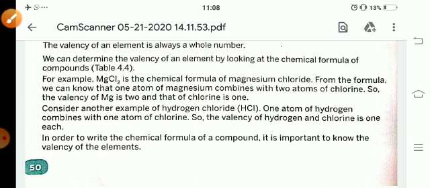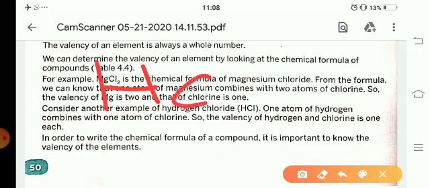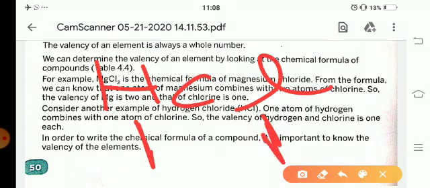Another example is hydrogen chloride, HCl. One atom of hydrogen combines with one atom of chlorine, so the valency of hydrogen is 1 and chlorine is also 1. In order to write the chemical formula of a compound, it is important to know the valency of the elements.